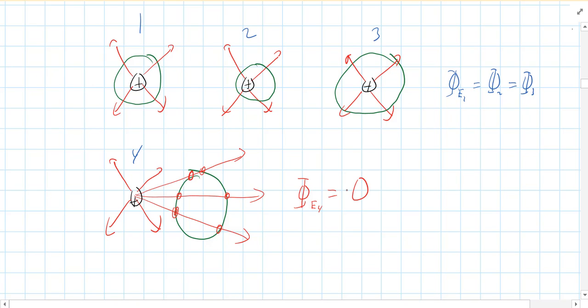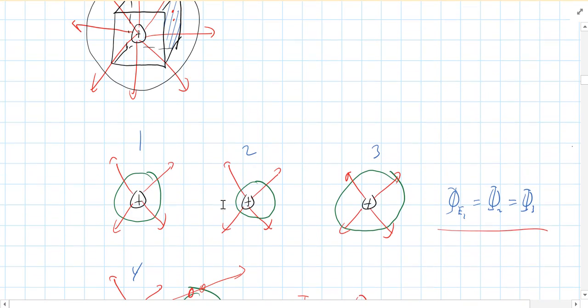It's going to be 0. So it turns out that the electric flux leaving a closed surface that encloses a volume has to do with the amount of charge that's inside that volume. In these cases, you have a number. In this case, you don't. It's 0, because the charge is not in that last surface.